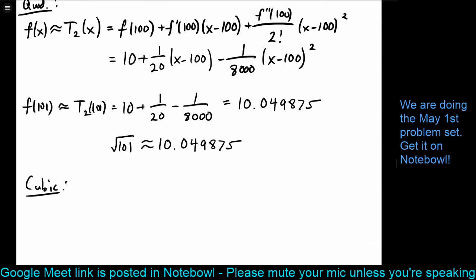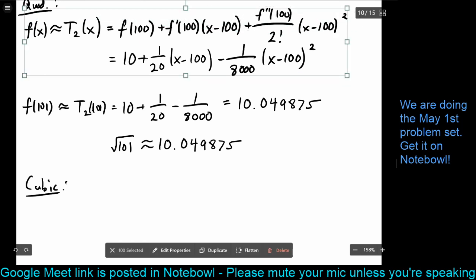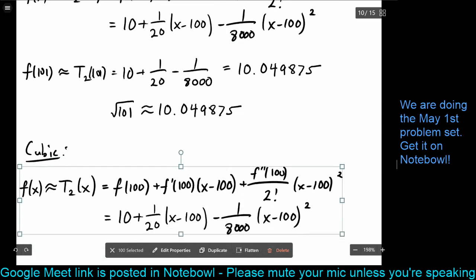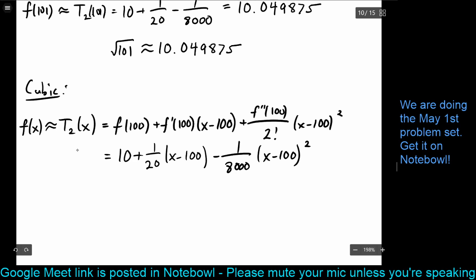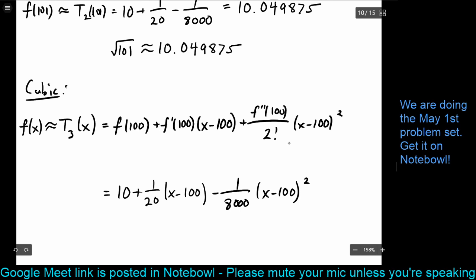I'm going to be a little lazy and just duplicate this stuff. For the cubic, we want T3, which means we're going to want to add in the cubic term here, f triple prime of 100 over 3 factorial, x minus 100 cubed.